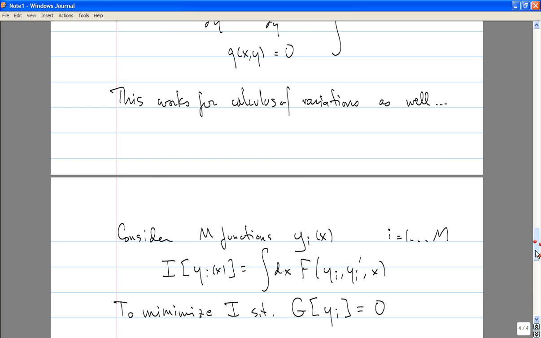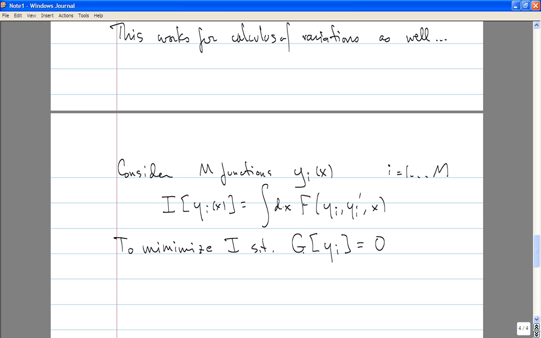So for example, I could have a bunch of constraints that I will label by an index k. So this would be, let's call it m minus n constraints. So k runs from 1 up to m minus n. So if I have m functions subject to m minus n constraints, then I have n degrees of freedom remaining.